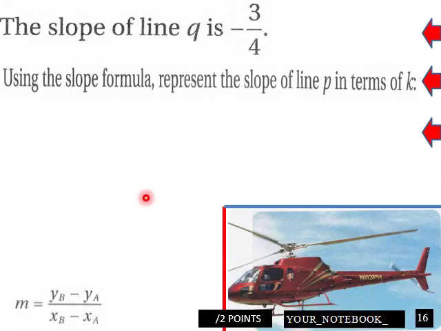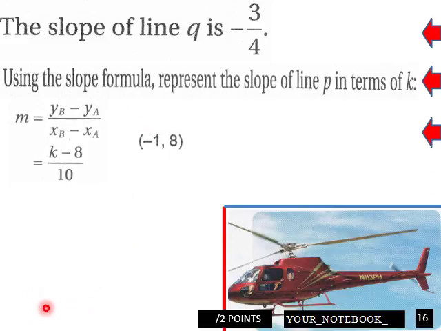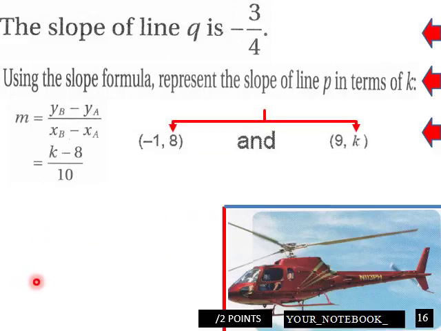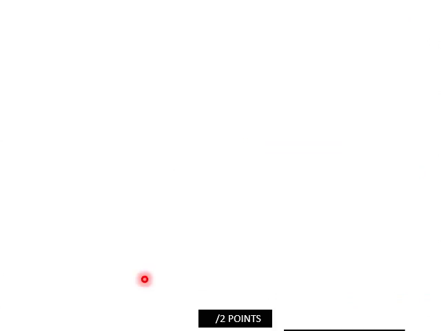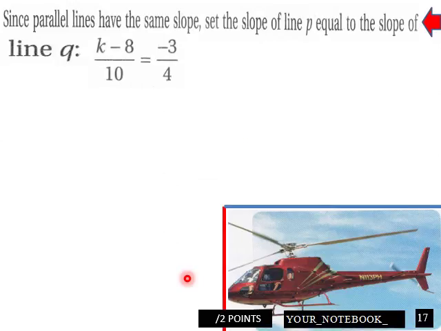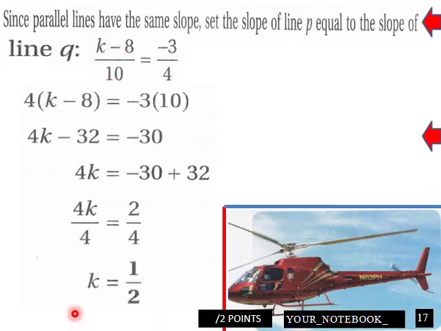Using the slope formula, represent the slope of line P in terms of k. So that would be delta y equals k minus 8. Then delta x would be 10 here. So we have k minus 8 over 10, and it'd be negative 3 over 4, so k minus 8 over 10 equals negative 3 over 4.